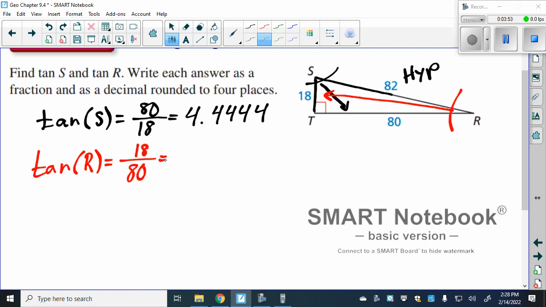No matter which angle we have, the 82 will always be the hypotenuse. The hypotenuse will never be the opposite or adjacent side. To get the decimal, we just plug it into the calculator: 18 divided by 80. Any questions on this?